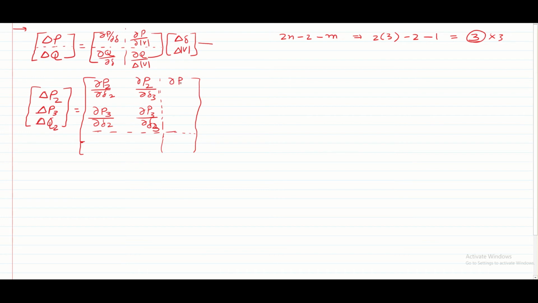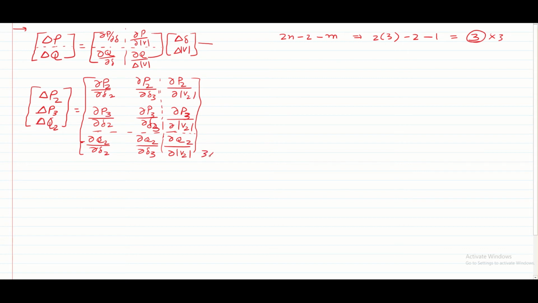So we have del P2 by del V2, again del P2 by del P3 by the value of V2, and similarly for the reactive power here, del Q2 by del delta 2, again del Q2 by del delta 3, and the final term is del Q2 by del V2.